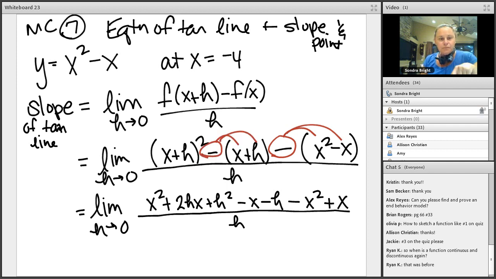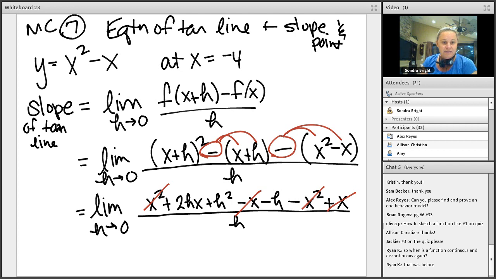Now, hopefully you remember from last year, at this point anything without an h in it had better cancel. And if it doesn't, you did something wrong, because the h in the bottom better cancel. That way we can plug 0 into it. Those x's cancel, so all I have left now have h's in there.